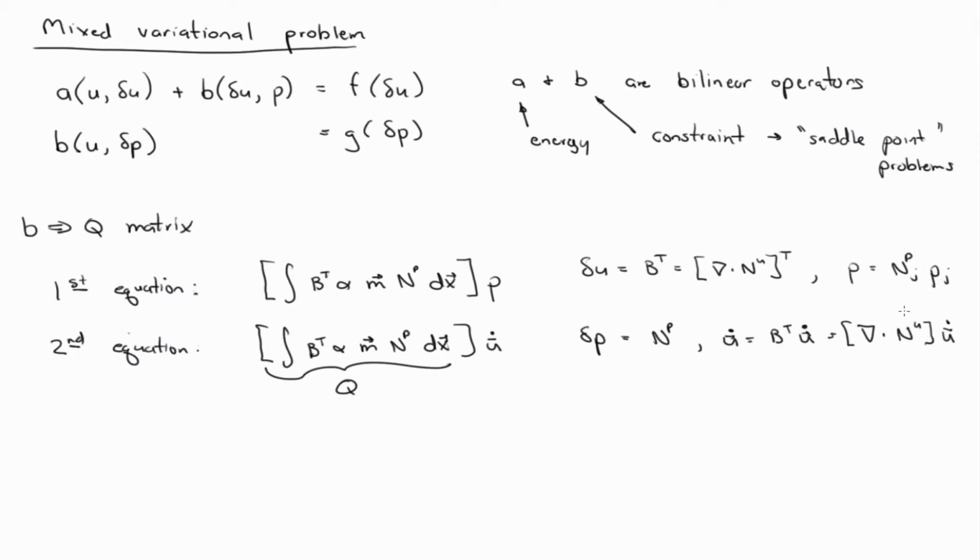So everybody see that? So the Q matrix is like a constraint matrix in the setting of this mixed variational problem.